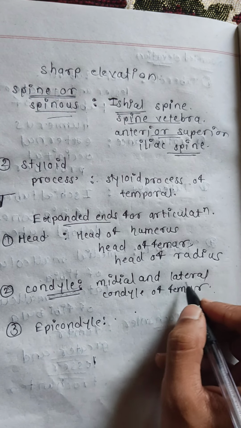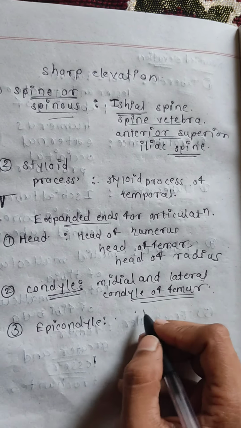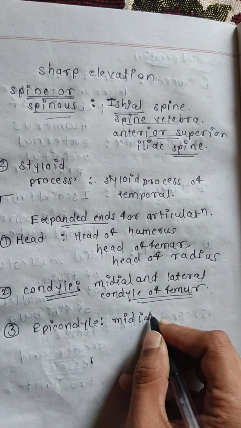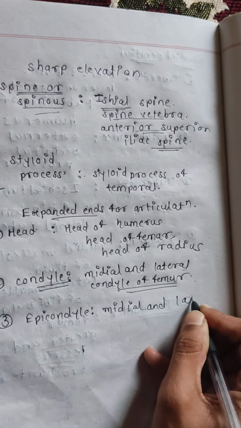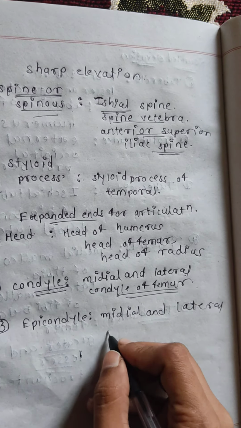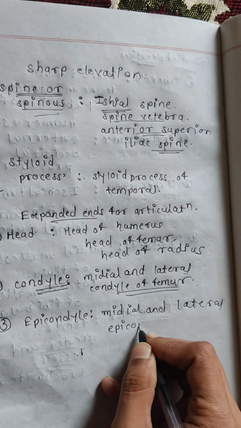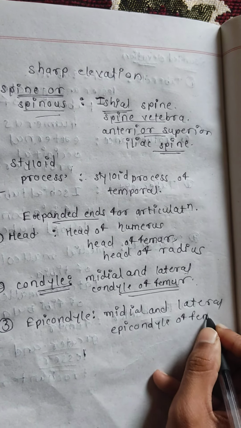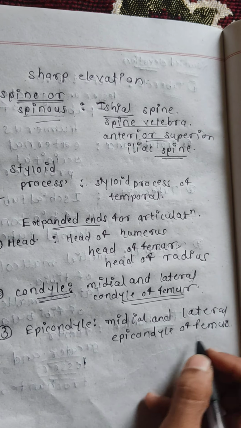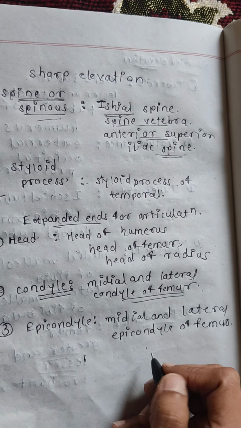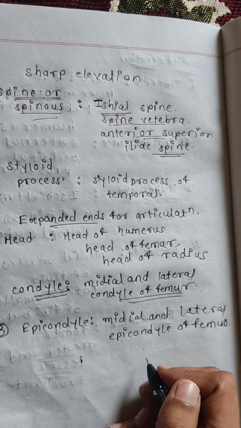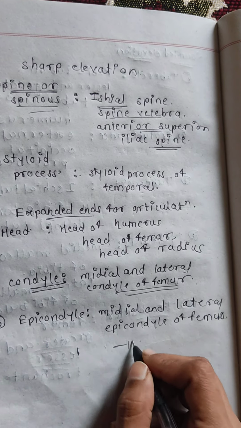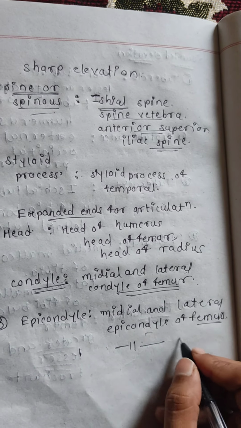As we saw the medial and lateral condyle of femur, and above the condyle, that is the medial and lateral epicondyle. Now it is epicondyle of femur. And also the epicondyle present on the humerus, that is the medial and lateral, same like the femur, epicondyle of humerus.